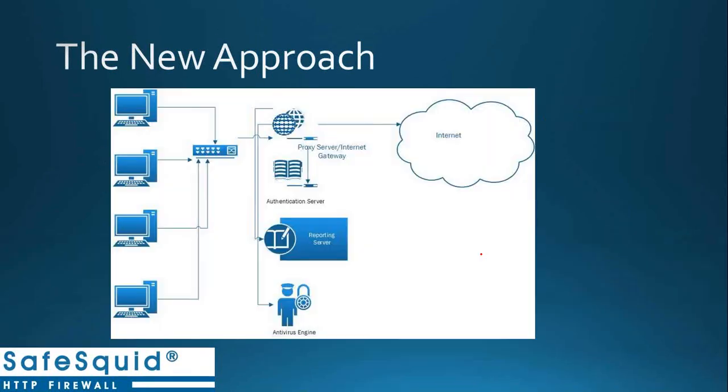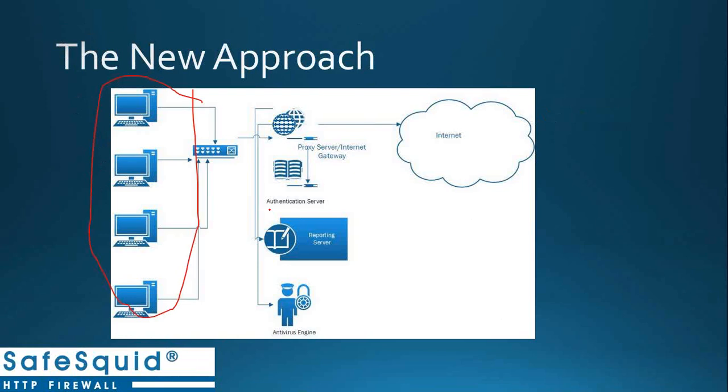So the standard new approach looks something like this, if you can see it on the screen right now. We still have the same network as before. The network is right here, the switch is right here in place, we have the proxy server, but now we have a bunch of parallel components sitting just beside the proxy server.